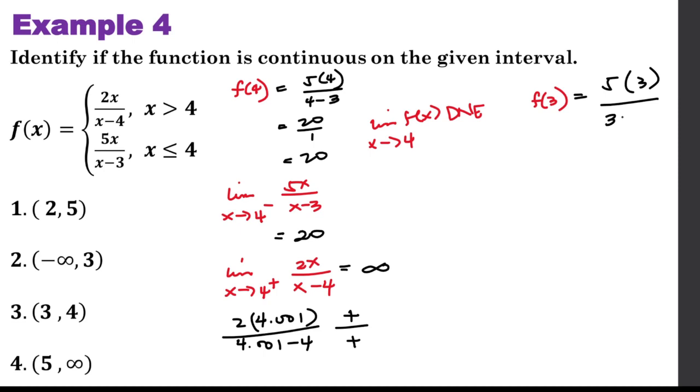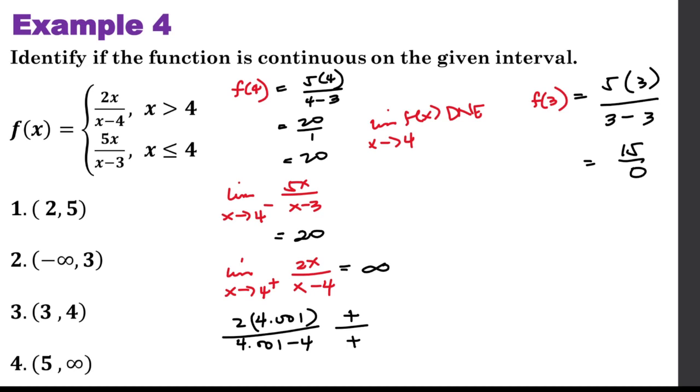So we have 3 minus 3, and therefore f of 3 would be 15 over 0, which would give us undefined. Because of this, we can say that we are also discontinuous at x is equal to 3.